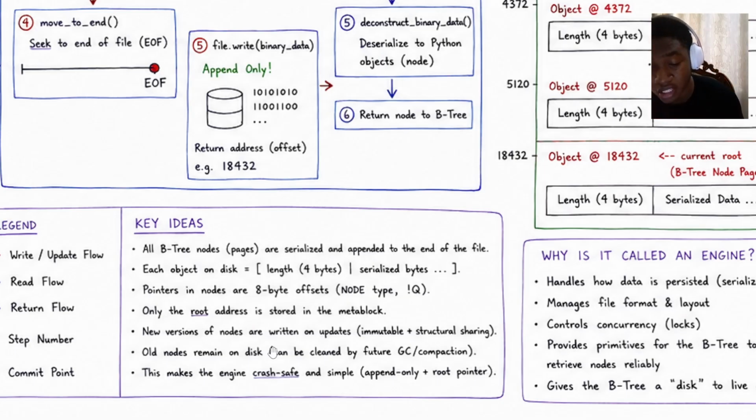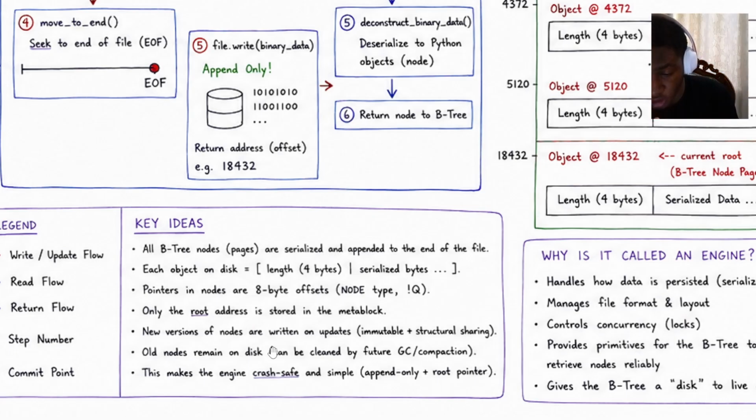So we would have to create a new B-tree data structure, and then write where this new data structure starts. The new versions of nodes are written on updates: immutable and structural sharing. The old nodes also remain on disk.